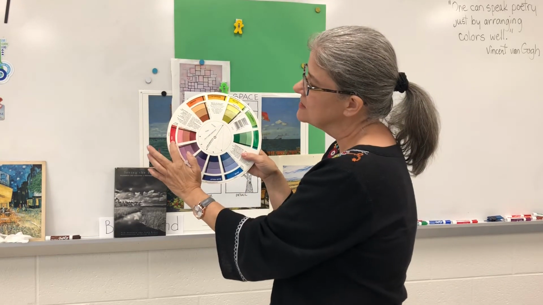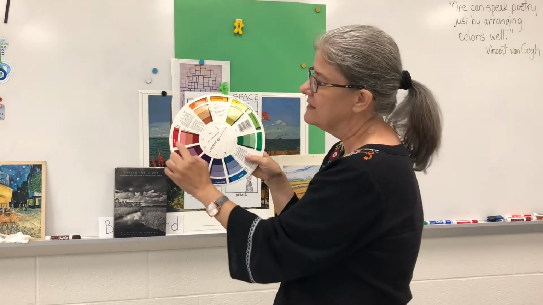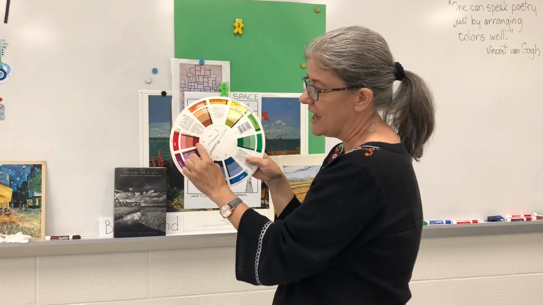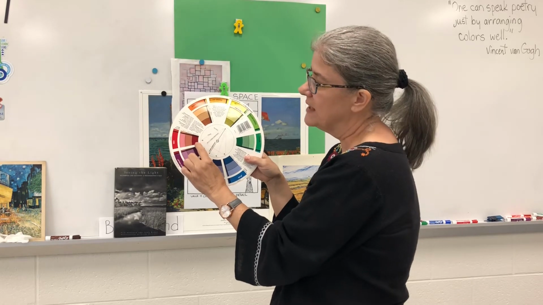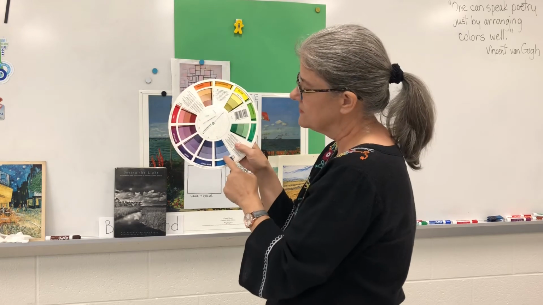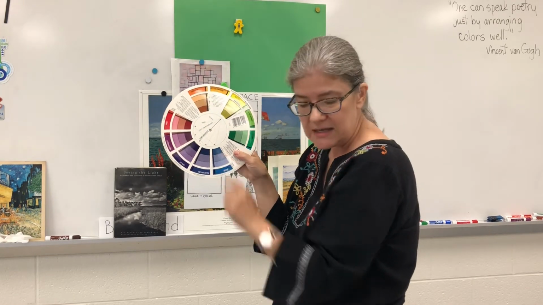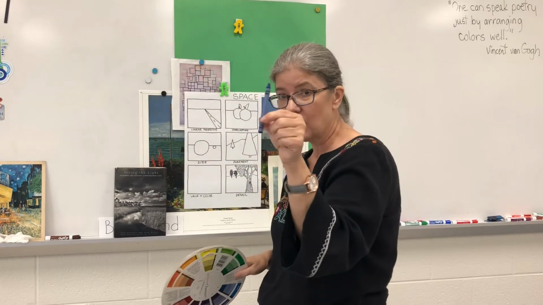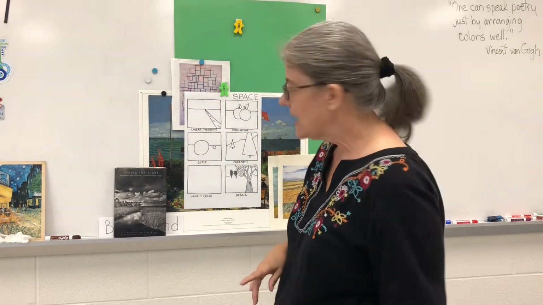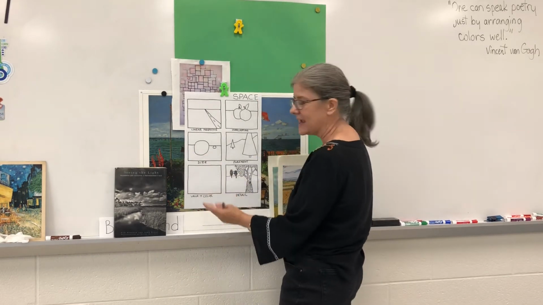So a light shade or color or tint of red is pink, and then a dark shade of red would be kind of like, we might call it burgundy or maroon, and this we might call it a light blue or a baby blue, and this would be a navy blue. So I'm going to use a blue crayon, and I'm going to use color and value to create a landscape in here.